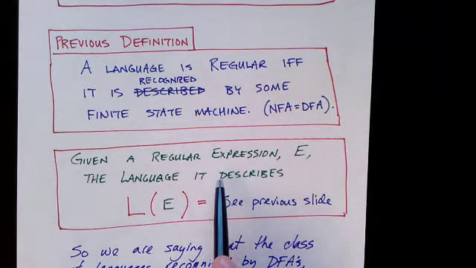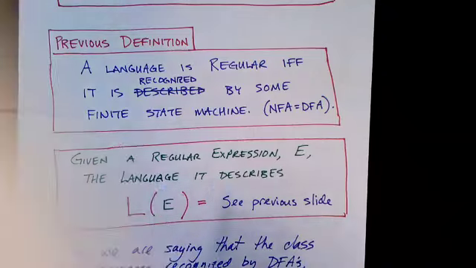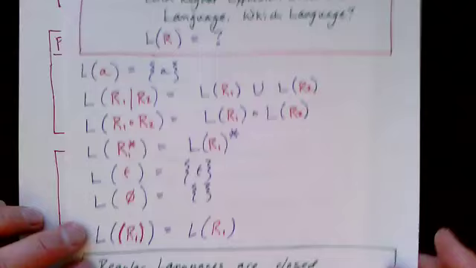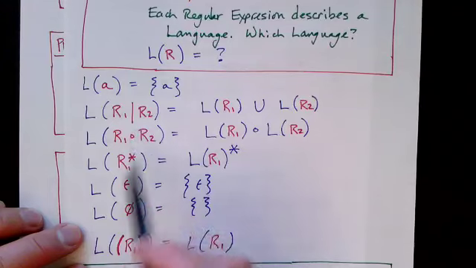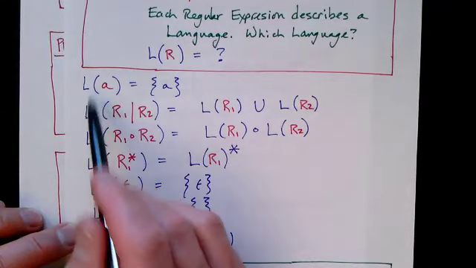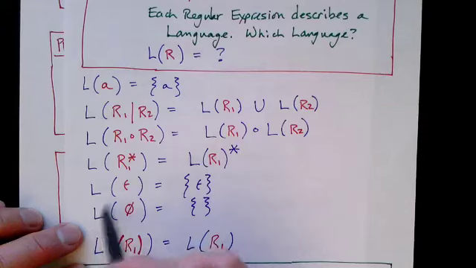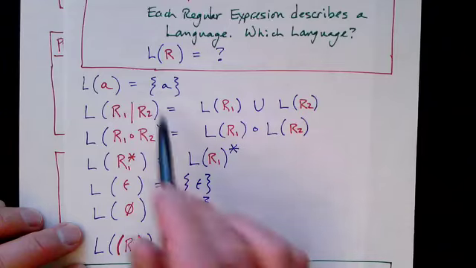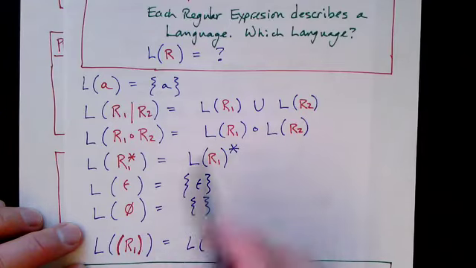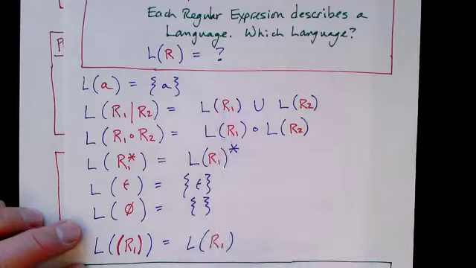In a previous video, we talked about, for every possible regular expression, what language that regular expression describes. And we gave a recursive definition based on the syntax of the regular expression that shows exactly which language is described by that regular expression.